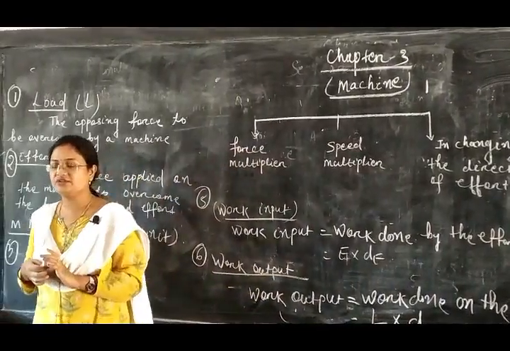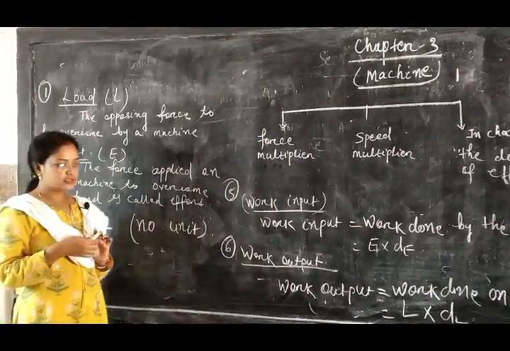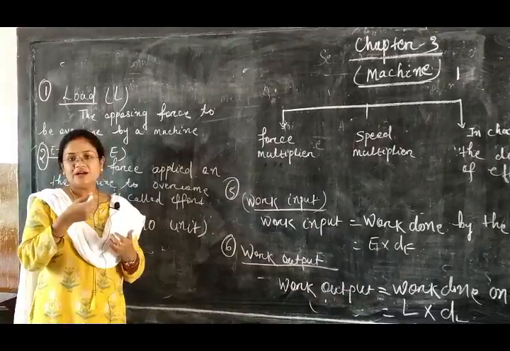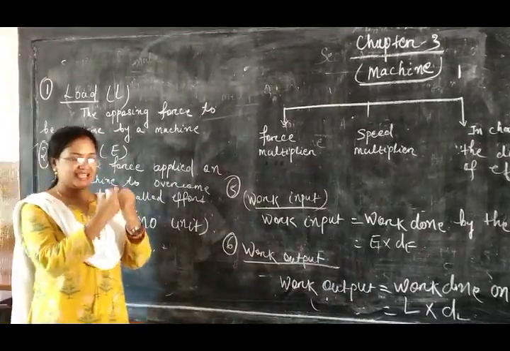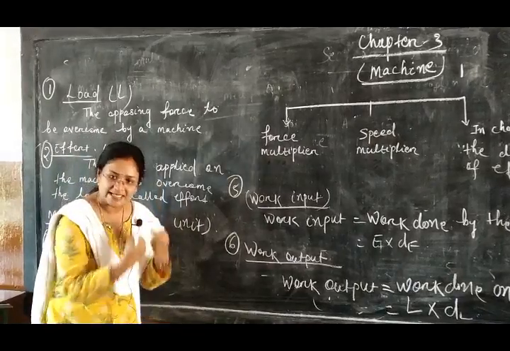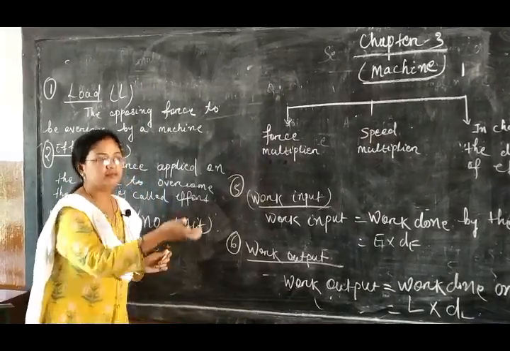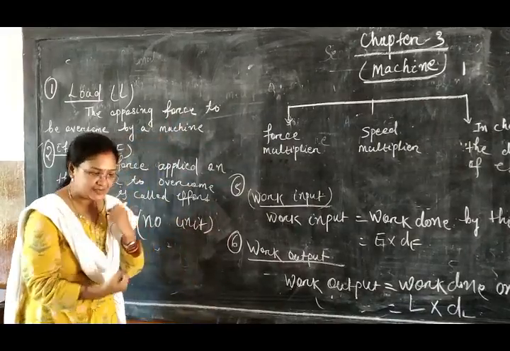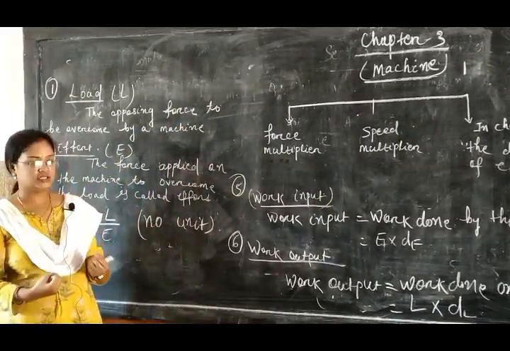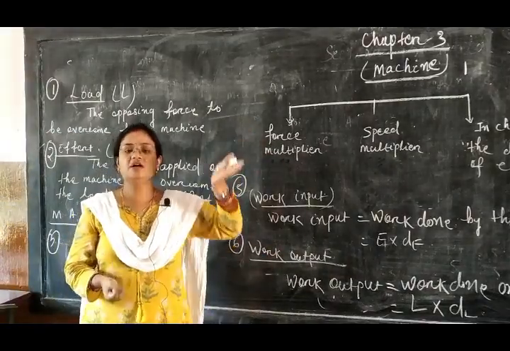And it changes the direction of effort. So I can give you an example. Suppose you want to pull out a bucket of water from the well. If you give effort in the downward direction like that, then only you can pull out a bucket full of water in the upward direction. That means effort is in the downward direction and the load is lifted in the upward direction.